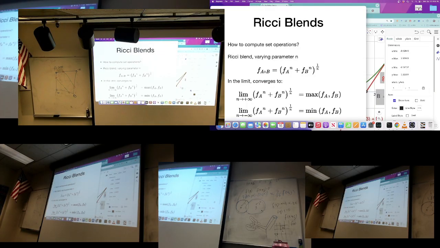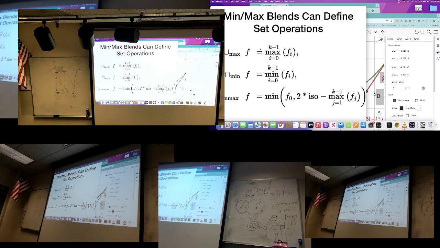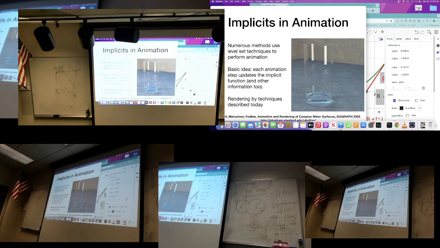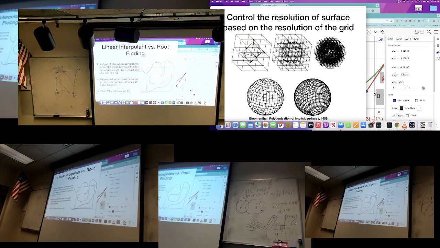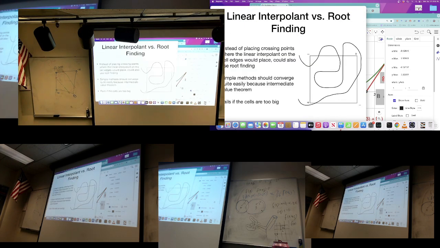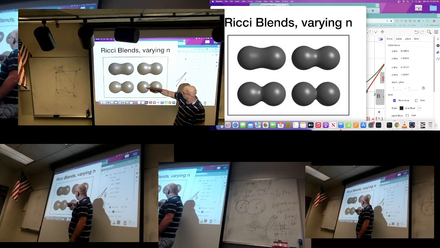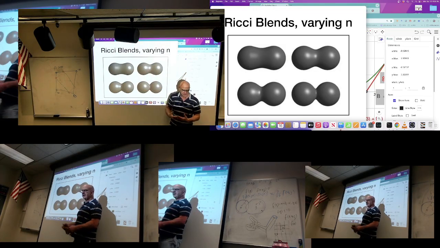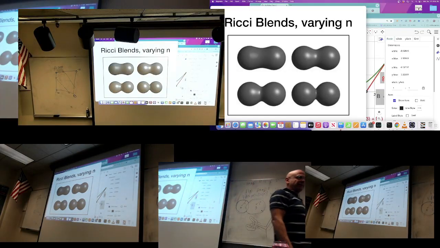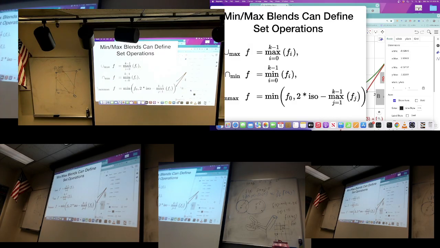A beautiful part is that we talked about constructive geometry, right? If I have this shape, the minimum and the maximum are useful to denote the intersection of f, the intersection between the two regions, and the union, which is great because it leads me to approximate the minimum and the maximum.